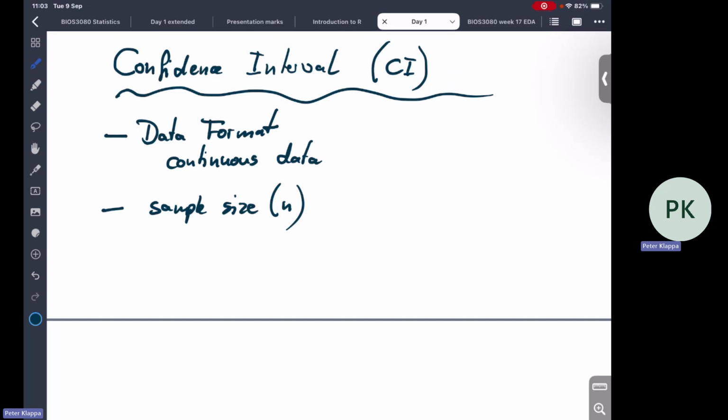If instead of 10 people I take just 3 people and measure their height, then I've got only 3 measurements. But if I take 1,000 or 10,000 people, then I've got 10,000 measurements.